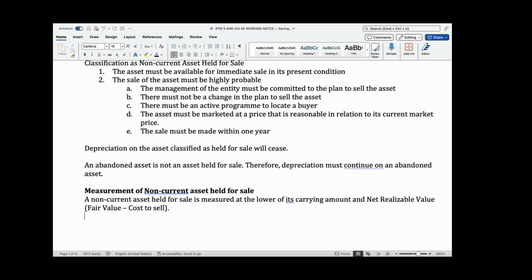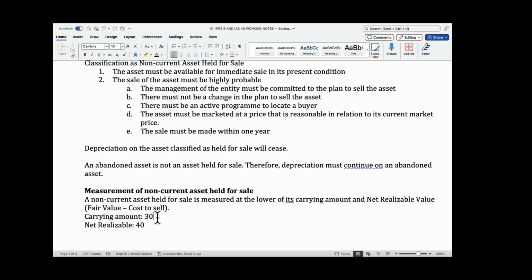The lower, which means that when you have an asset whose carrying amount is 30 naira and whose net realizable value is 40 naira, that means you will continue to measure the asset at its 30 naira.